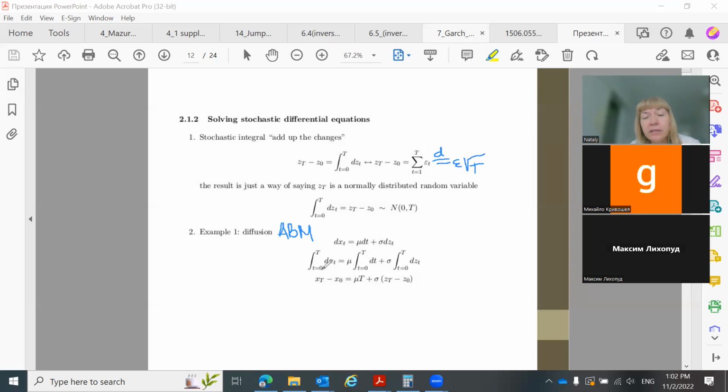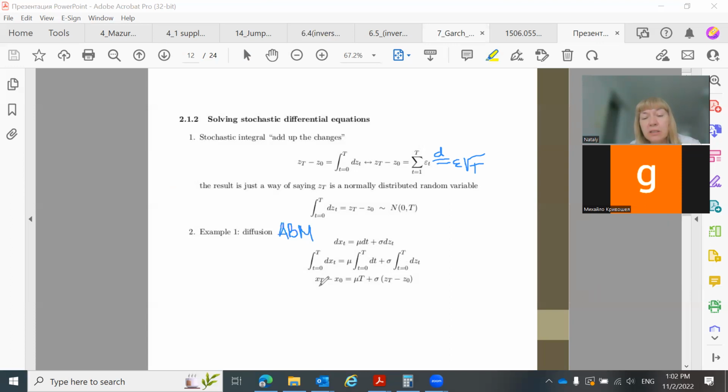So we integrate it. Mu is constant, so we write it before the integral, and sigma is constant before this integral. This integral is x_T minus x_0.